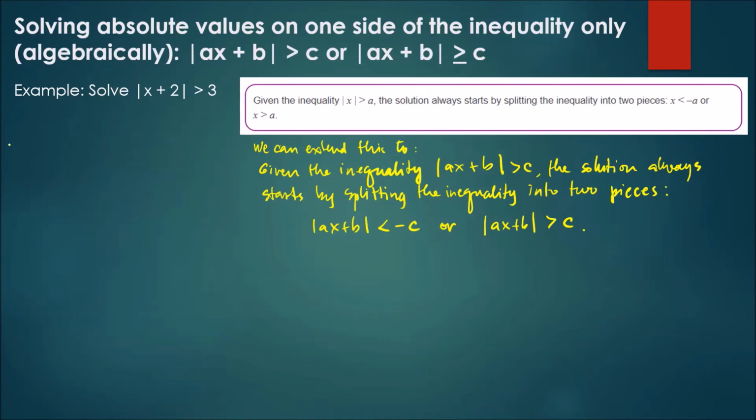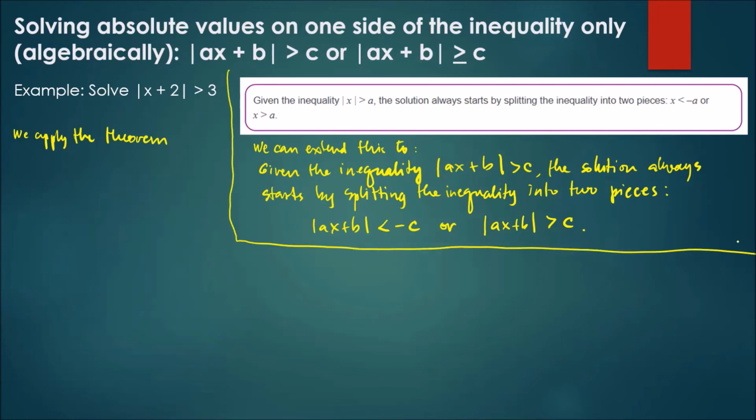So we apply the theorem and rewrite the inequality.